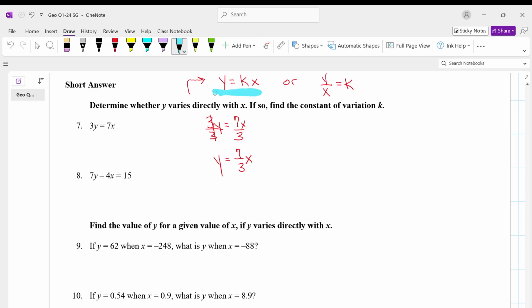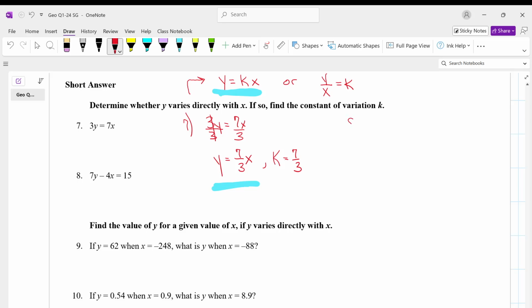Y equals k times x is the same form as y equals 7/3 x. Constant of variation. Well, our constant is what's between the equal sign and the x. So our k is equal to 7/3.